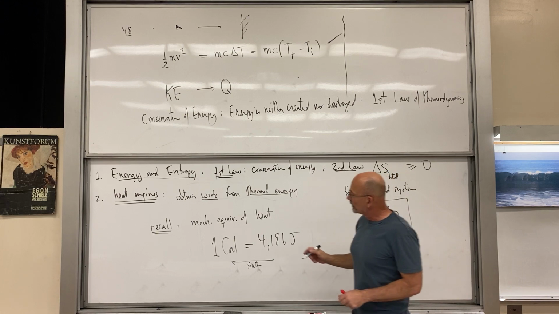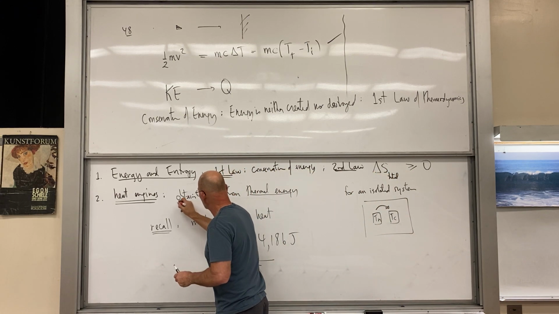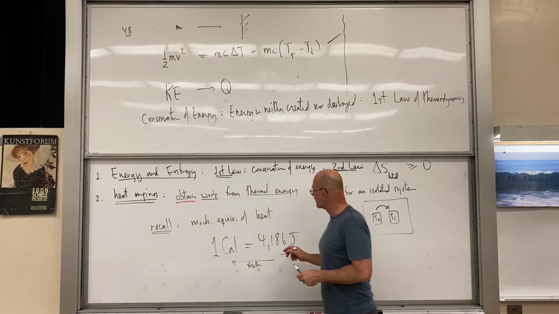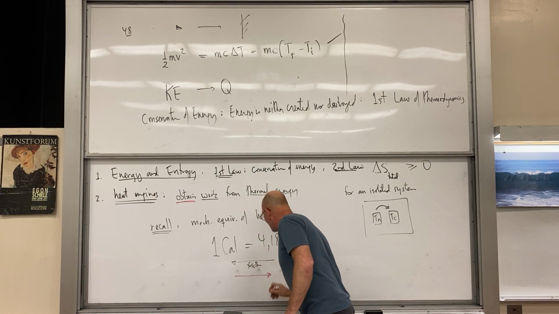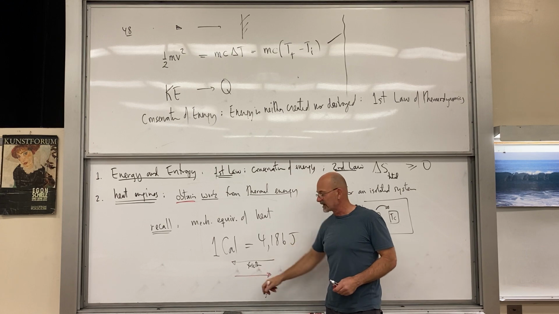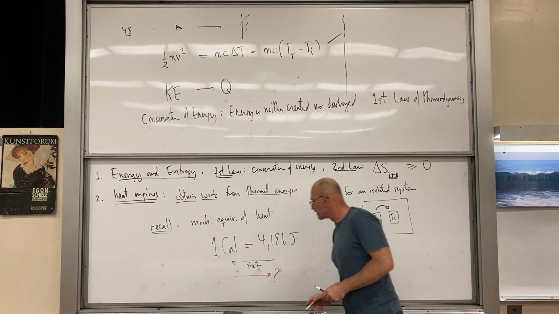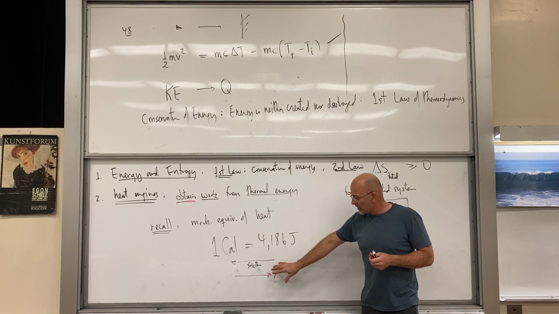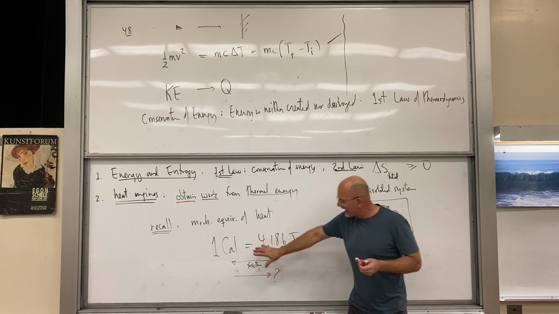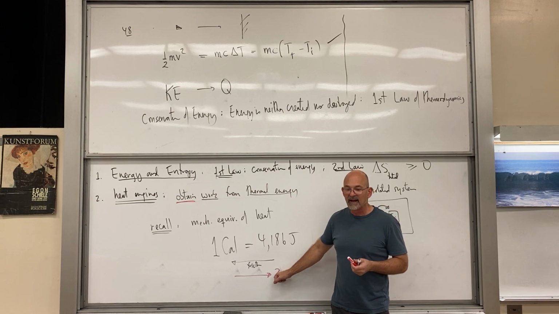But since we want to obtain work from thermal energy, what we're really asking this time is, how can we do this direction? This is what we're trying to achieve. We just want to burn some fuel and get some useful work out of it.